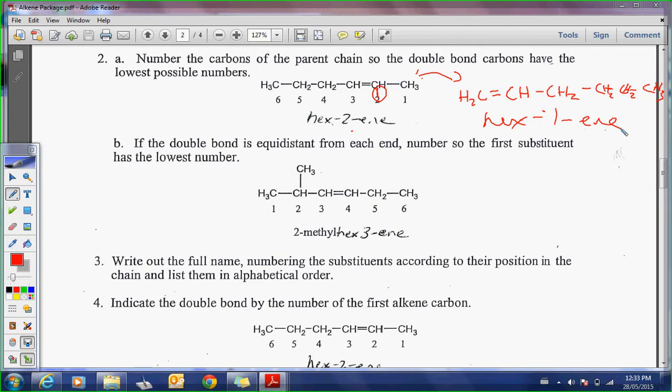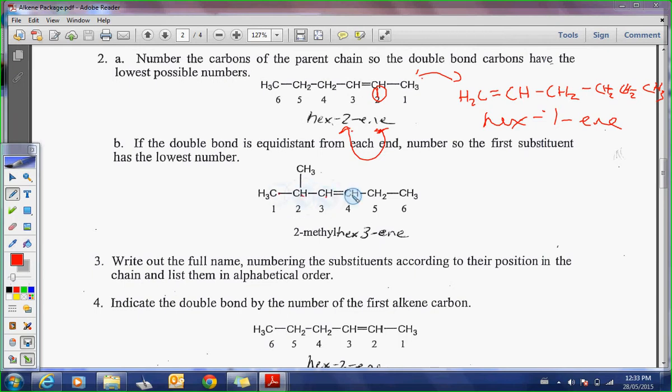So you're saying ene means double bond, right? That double bond is on carbon 2. Isn't the bond in between? Right. So we put the number on the smaller number out of the 2. Okay?